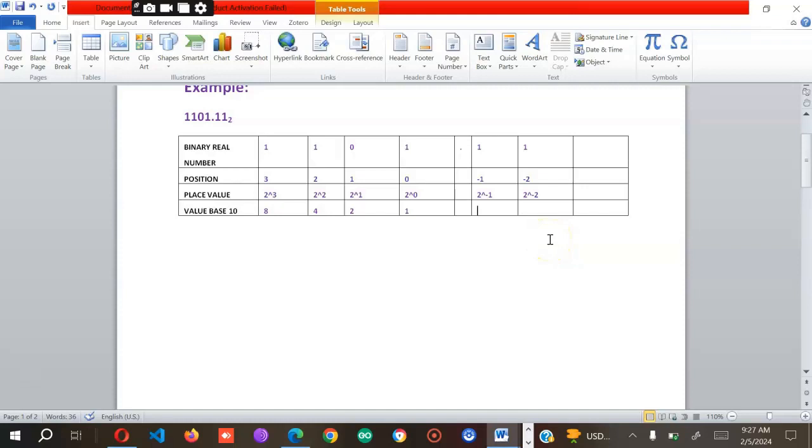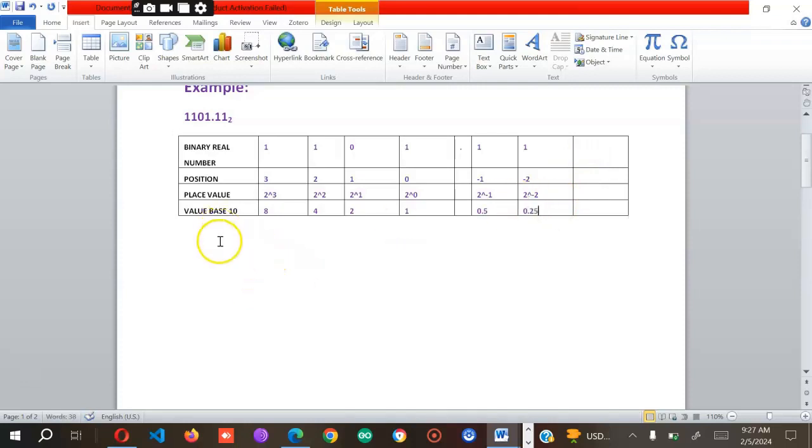If you can still remember the power of indices, a raised to power negative 1 is the same as 1 over a. So for this one, 2 raised to power negative 1 is supposed to give us 0.5. While this one raised to power negative 2 is supposed to give us 0.25.